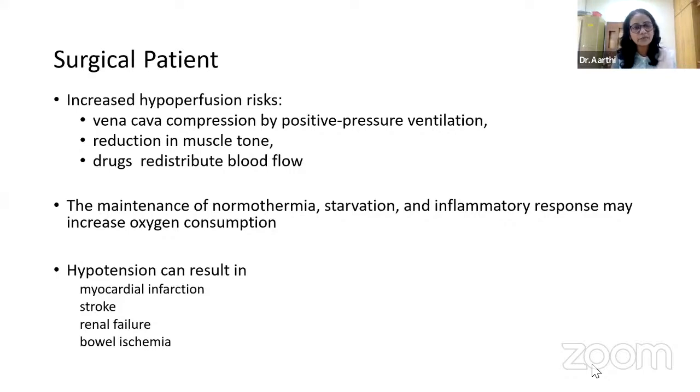Surgical patients are at high risk for hemodynamic instability because of increased risk of hypoperfusion, secondary to vena cava compression due to positive pressure ventilation, and reduction in muscle tone causing redistribution of blood flow secondary to drugs used during anesthesia. There is also the compensatory mechanism to maintain normothermia, to compensate for starvation, and the inflammatory response, which causes an increase in oxygen consumption at the outset of decreased delivery. These situations put the patient at very high risk, leading to circulatory disturbance.